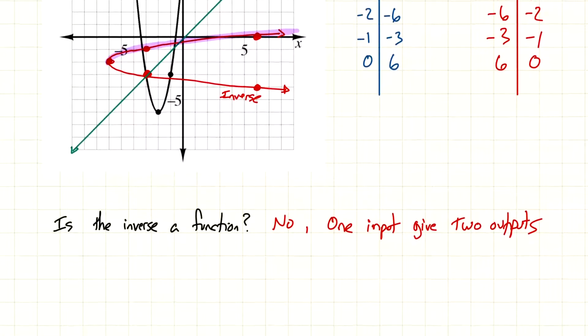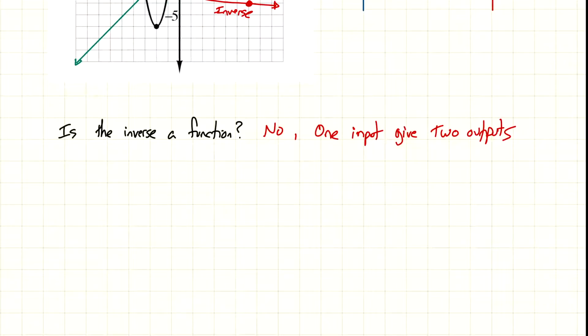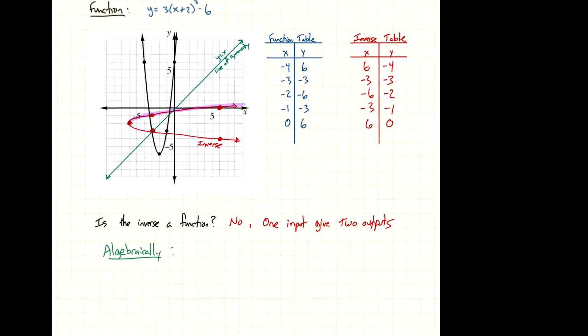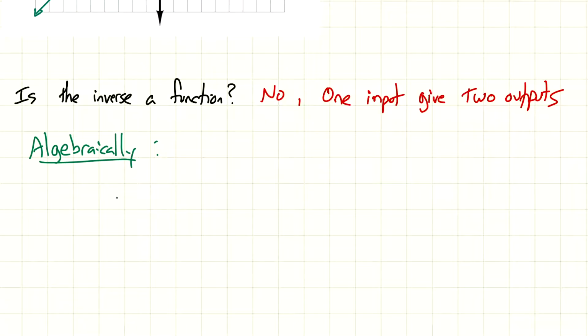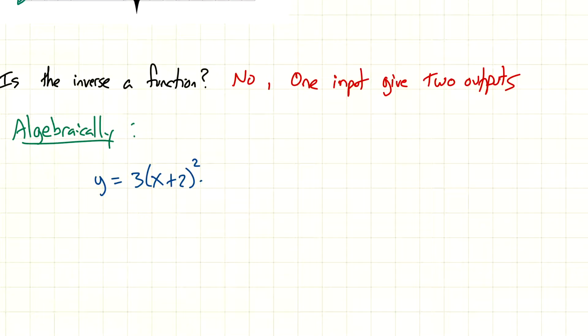So let's do this algebraically. Let's start with our original equation. Let's see, what was it? y equals 3 times (x plus 2) squared minus 6.